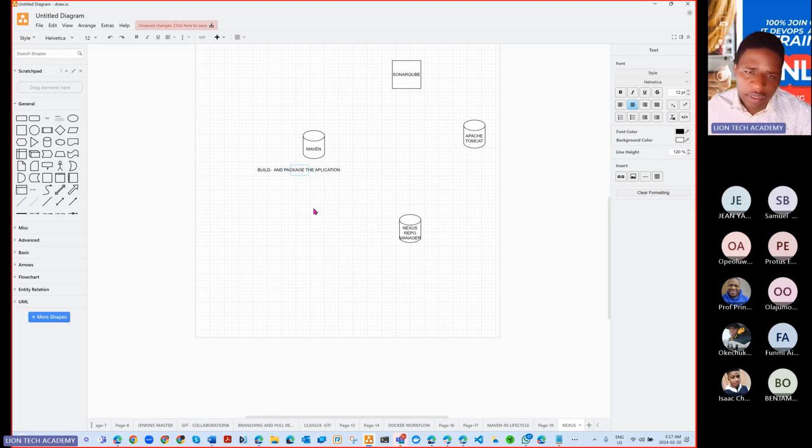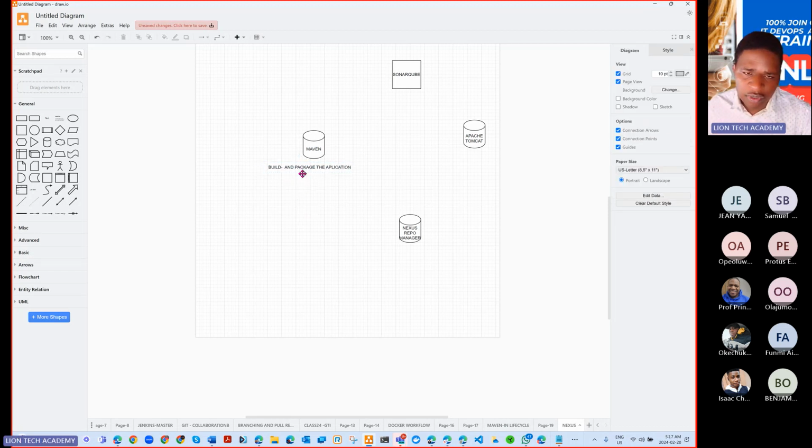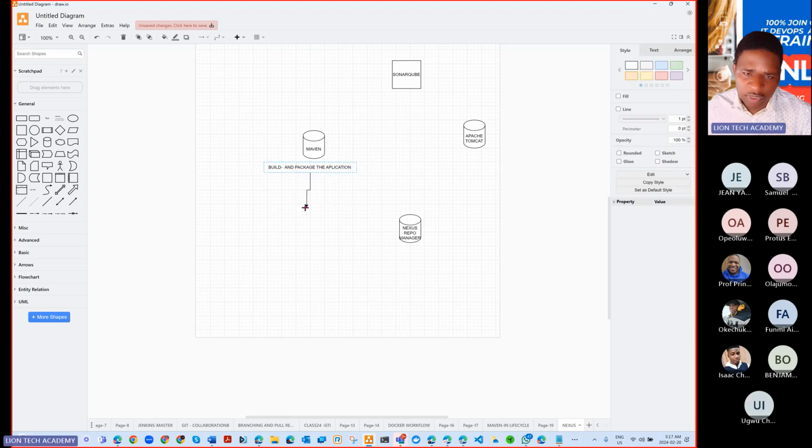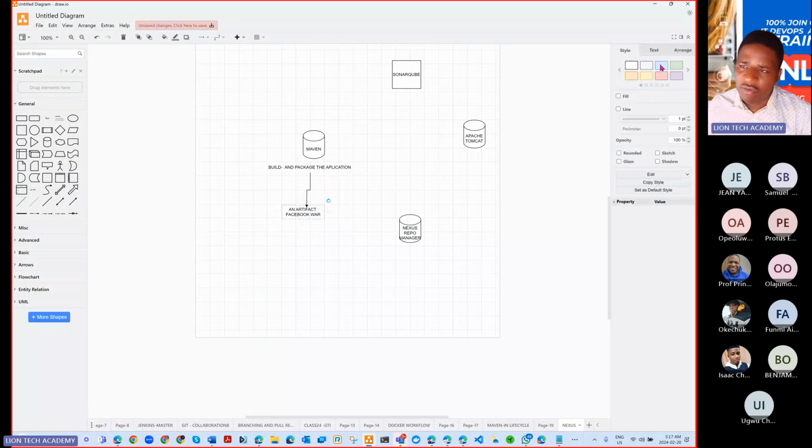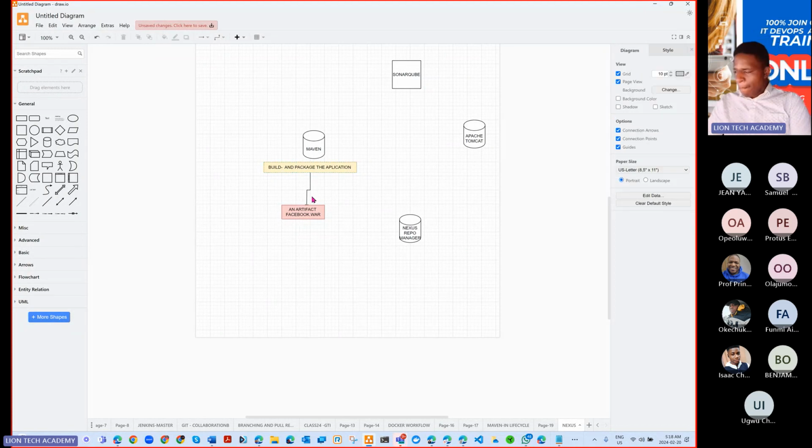Now, the result of this build is going to be an artifact, like we saw yesterday. An artifact is our application. Let's call it something like Facebook.war. So this is what Maven is doing. It builds and packages the application. Now, we have a package.